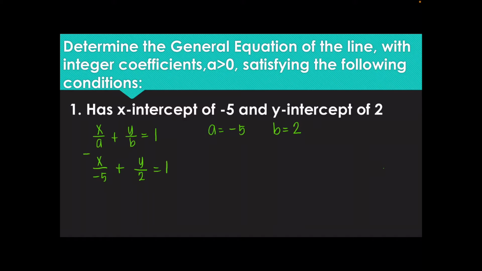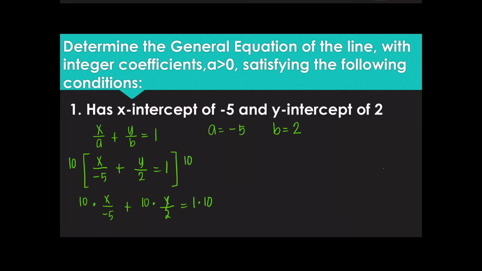And then we multiply them by the LCD. Okay, so that is a number that is divisible by 5 and 2. So I'll multiply both sides by 10. Okay, so what will happen is 10 multiplied to x over -5 plus 10 multiplied to y over 2 is equal to 1 times 10.